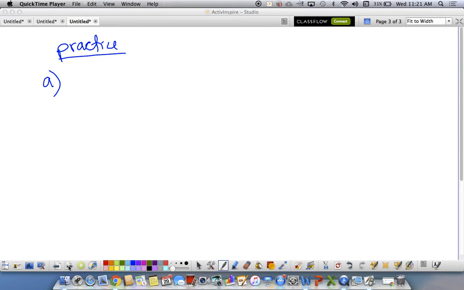A says what? So we want to prove, this is what we want to prove, that the measure of angle X is equal to the measure of angle Y. All this question is asking for is, what is the first line of an indirect proof?